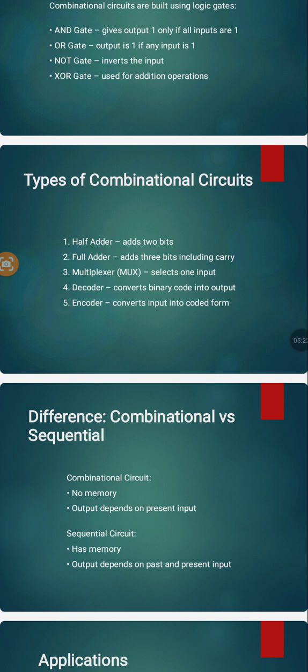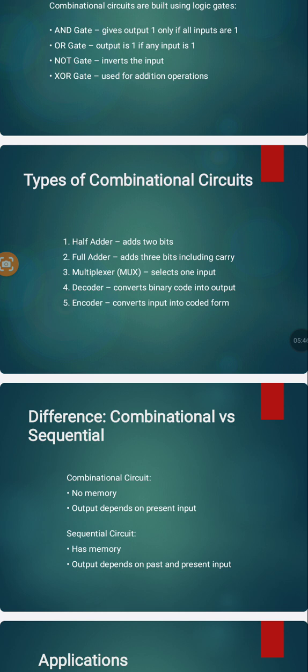A multiplexer selects one input from many inputs. The decoder converts binary information into output lines, while an encoder converts input signals into coded output.